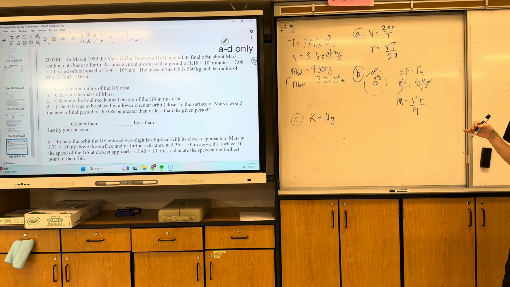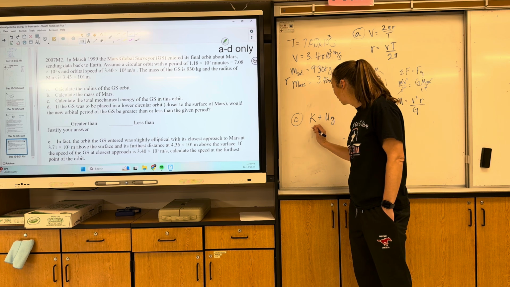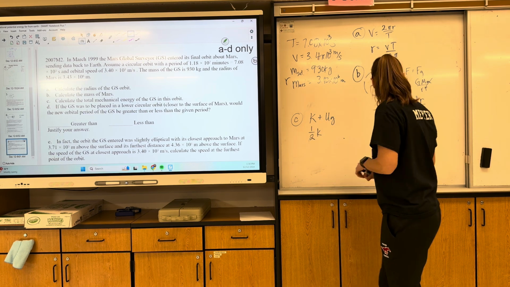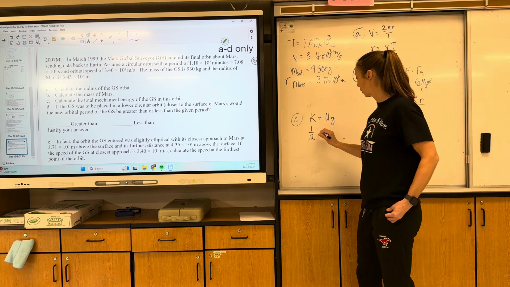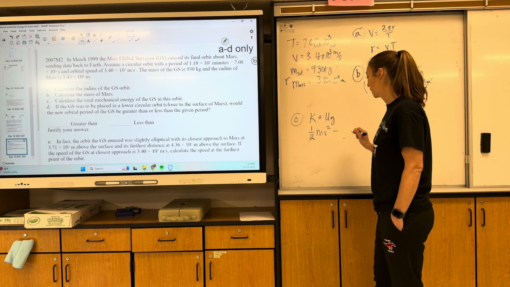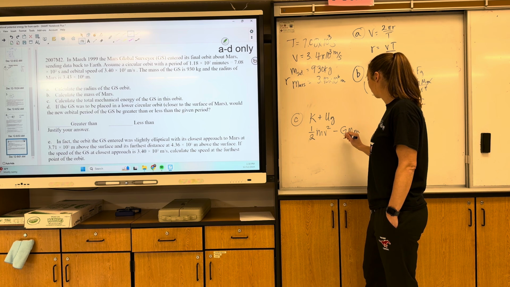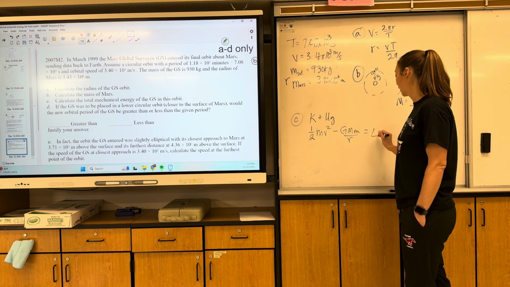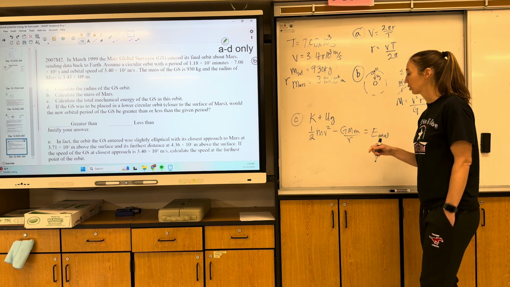And anytime you have gravitational potential energy of an orbit, you're going to be using the equation, so you have K equals 1/2 mv squared, and then your gravitational potential energy is GMm over r, and it's negative. So from here, that's just the total energy.